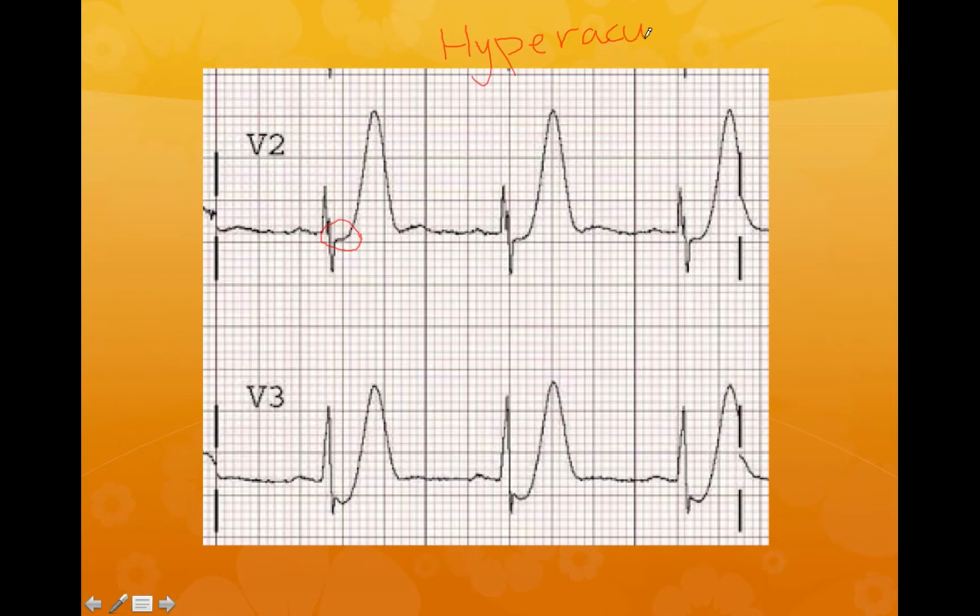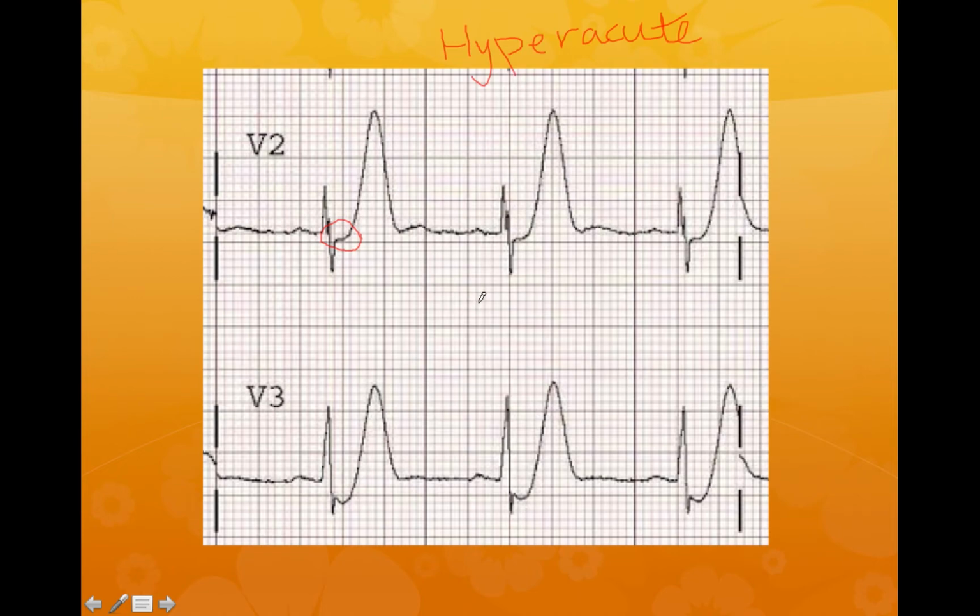Of infarcted myocardium, or maybe that's actually the incorrect terminology, because this is still the early phase where perhaps the tissue isn't fully infarcted and the tissue is ischemic. So that's a much better way of looking at hyperacute T waves.